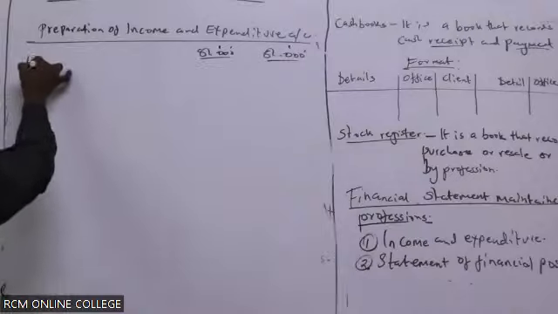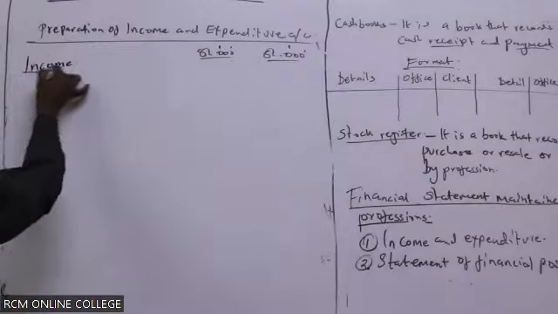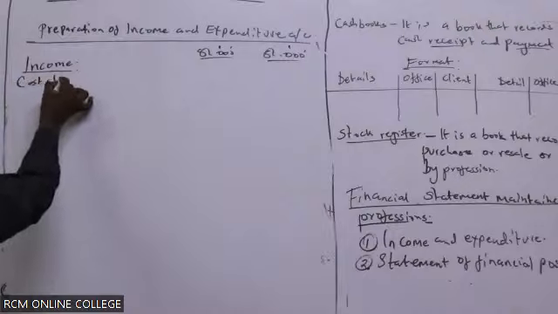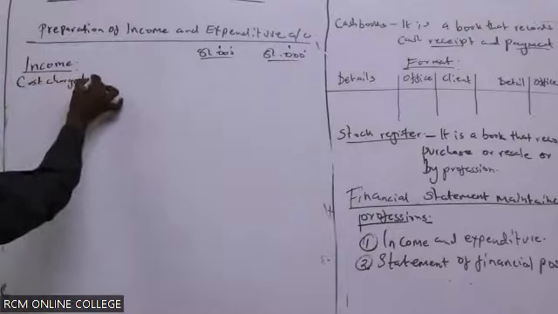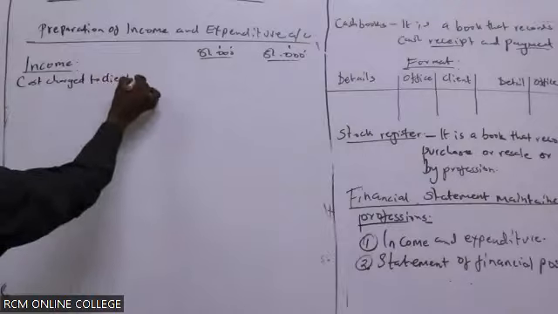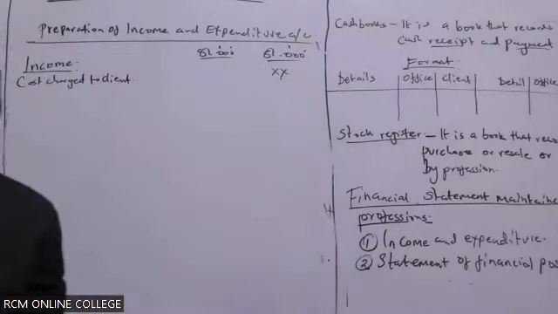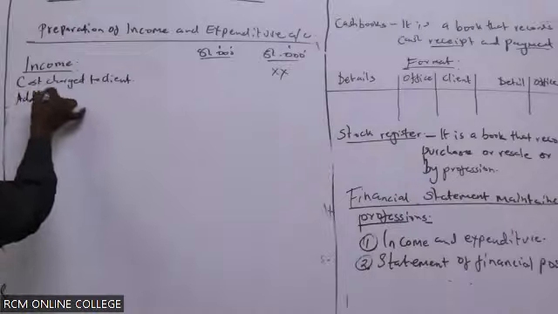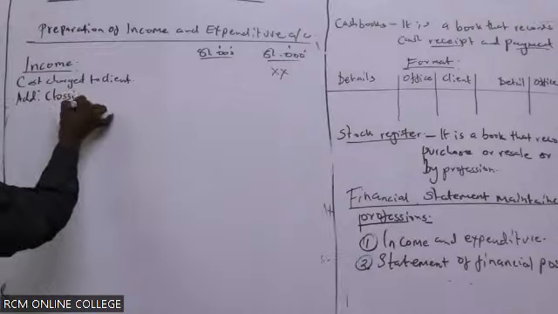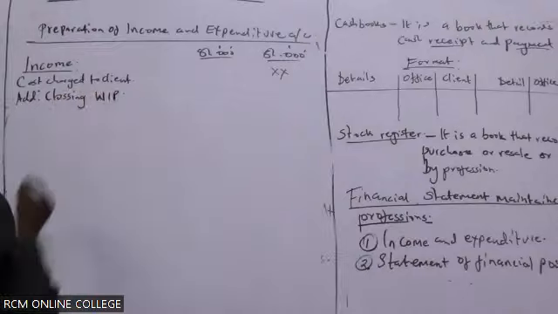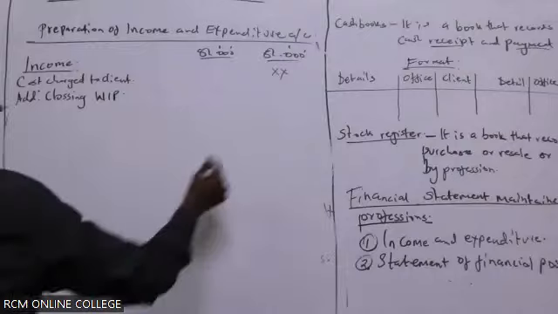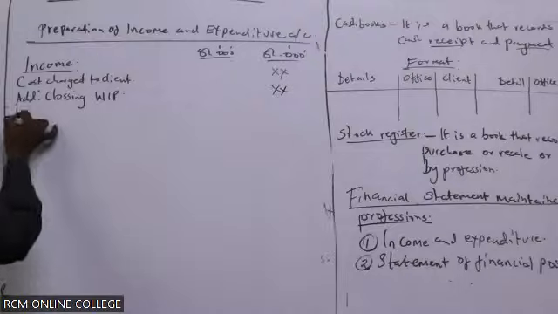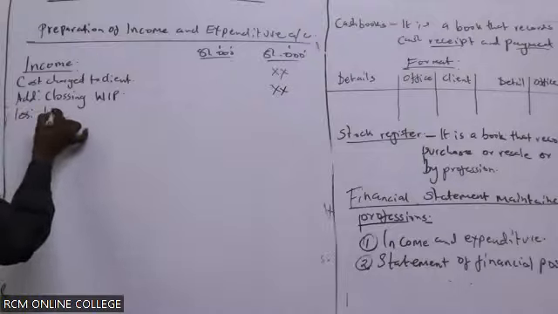So we start with the income. Cost charged to client. Add closing work in progress. Less opening WIP, this is important.